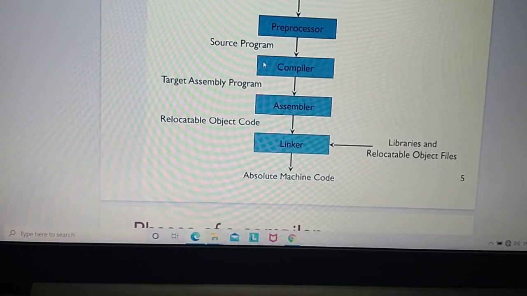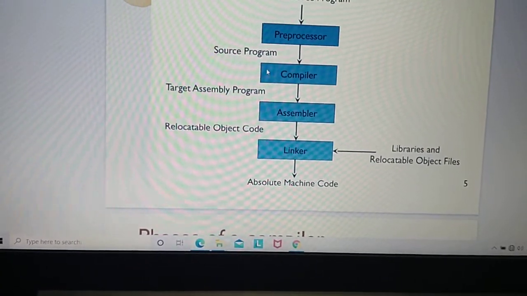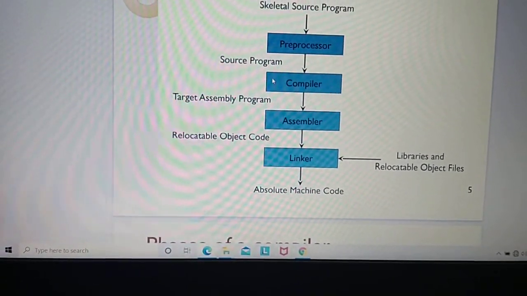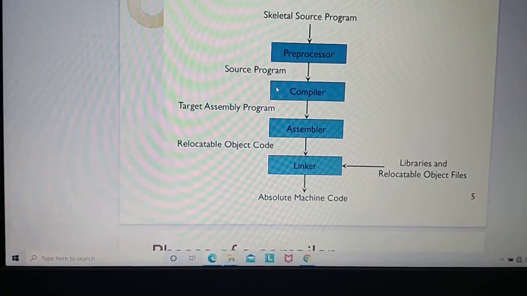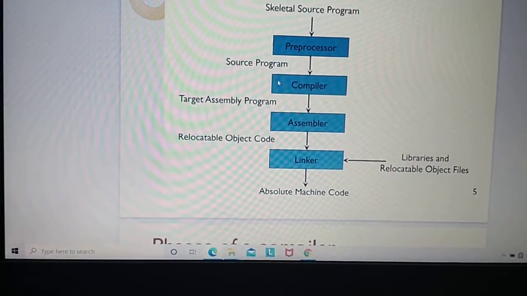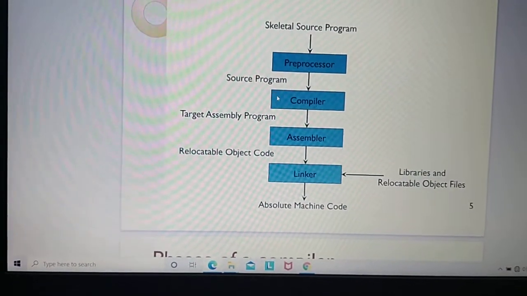The relocatable object code is passed through the linker, and the linker does the linking between the libraries and other relocatable object files, and finally absolute machine code is generated.